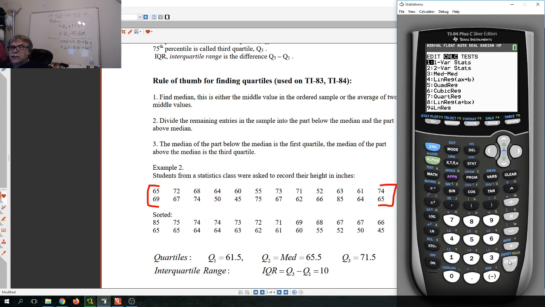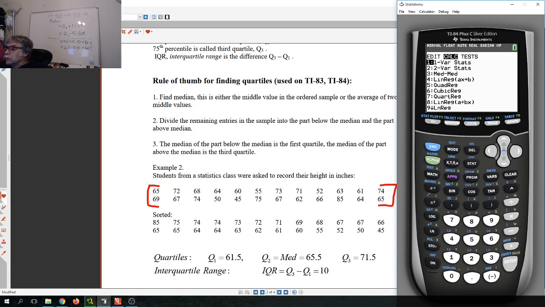The mean, the standard deviation, the 5-point summary, the median, all of that are statistics of the sample. So this is one variable statistics. The one variable we have here in this sample is the height of a random student in inches. So that is our variable. It's only one variable. We don't have anything else.